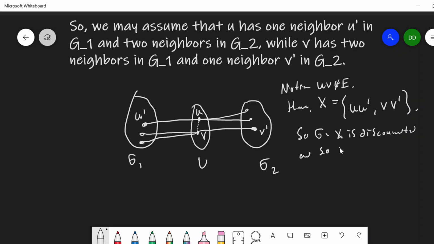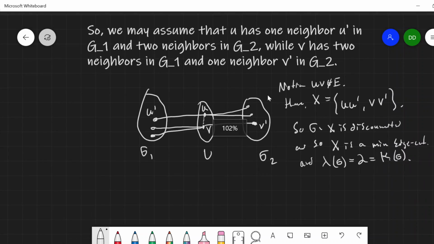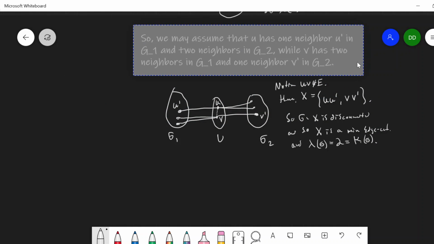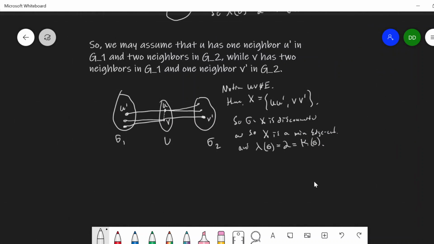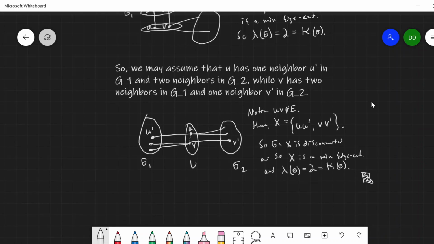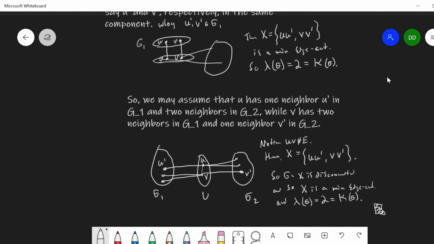And so X is a minimum edge cut. And we have that the edge connectivity is equal to 2, which is the same as our vertex connectivity here as well. Oops. And that proves the theorem. So for any cubic graph, the vertex connectivity and edge connectivity are exactly the same value.